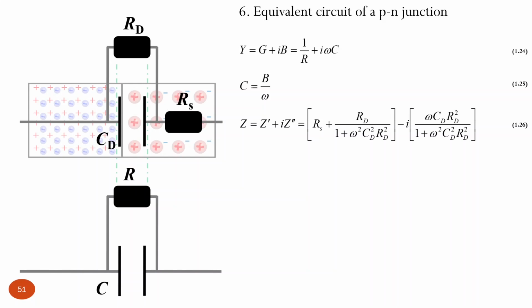equivalent circuit. So instead of just this depletion layer capacitor and depletion layer resistor, which are connected in parallel, we have also some series resistance. As I said, the neutral region of this semiconductor is much more conductive than the depletion region. However, it possesses small resistance, but still it's there. This series resistance is still there.